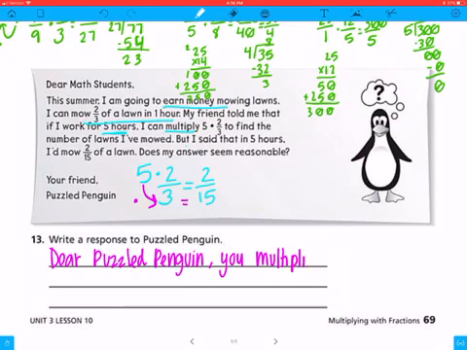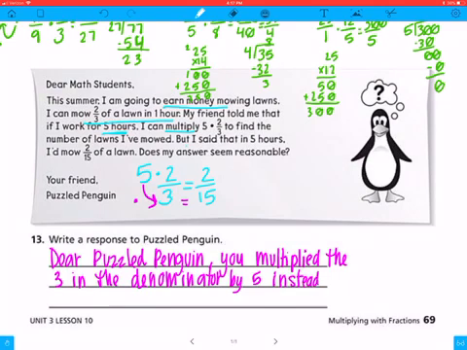So I'm thinking that he multiplied the 5, which is the whole number that we're looking at. It would be 5/1, and he did 5 multiplied by 3, which I was definitely a Puzzled Penguin on number 12. So instead of multiplying the 5/1 by the 2/3 and getting 10/3, he ended up multiplying 2/3 by 1/5.